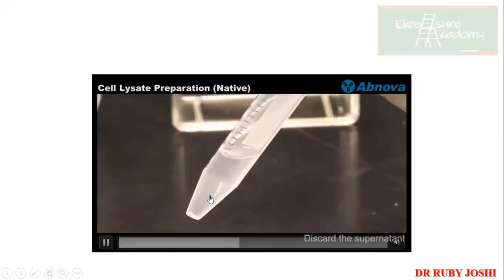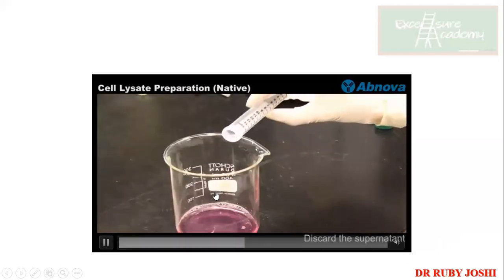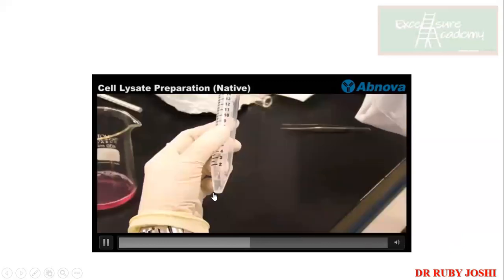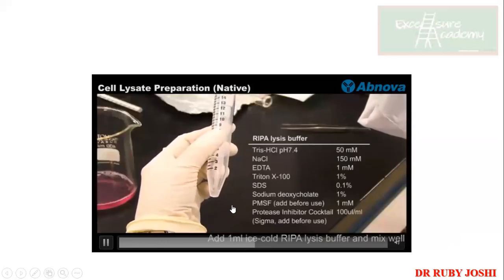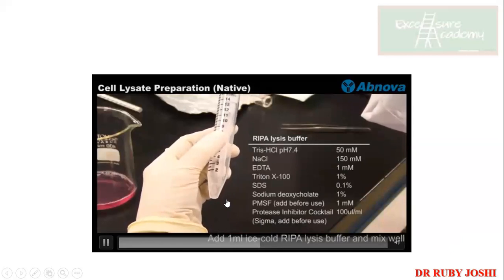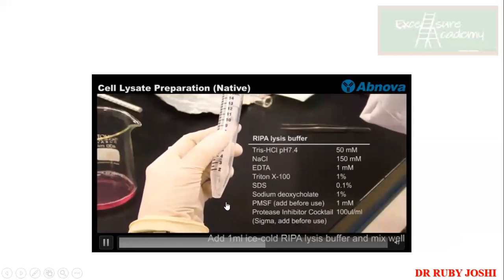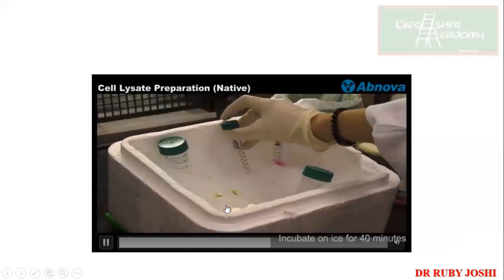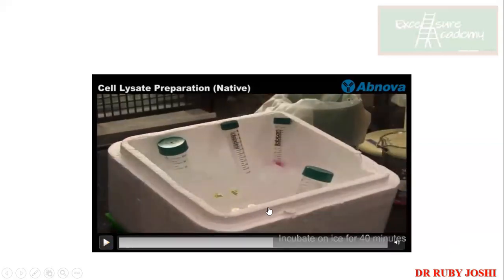Can you see it? It is turbid in nature. The supernatant is removed, and whatever is required is present at the bottom. So you have taken the cells. The cells were present at the bottom, and the rest of the supernatant you have removed.